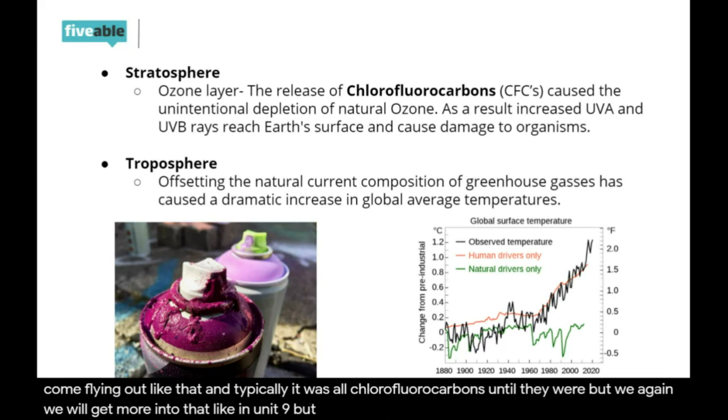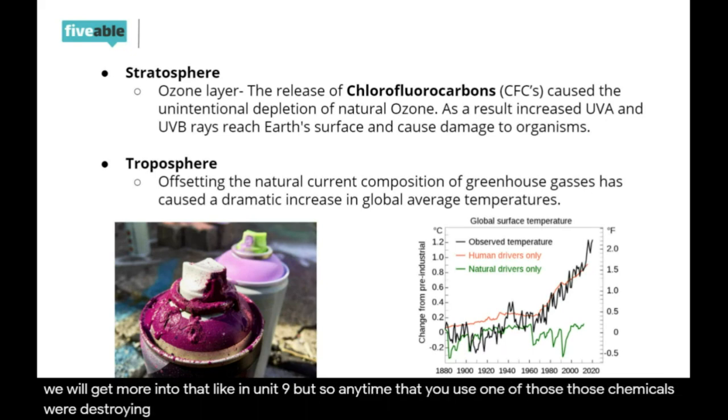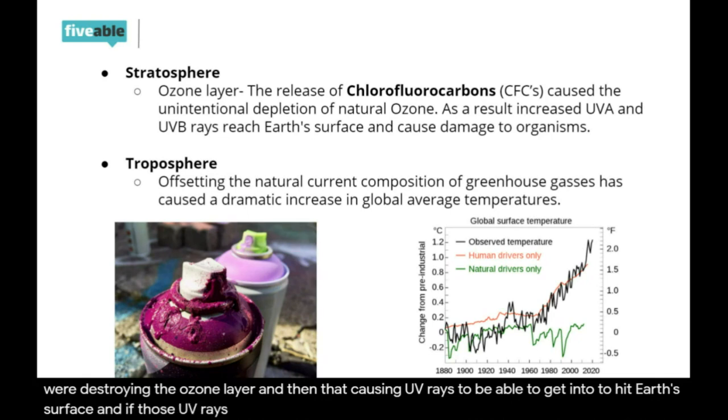But anytime that you use one of those chemicals, we're destroying the ozone layer and causing UV rays to be able to hit Earth's surface. And if those UV rays hit us as humans, it causes skin cancer and cataracts and sunburns, things like that.